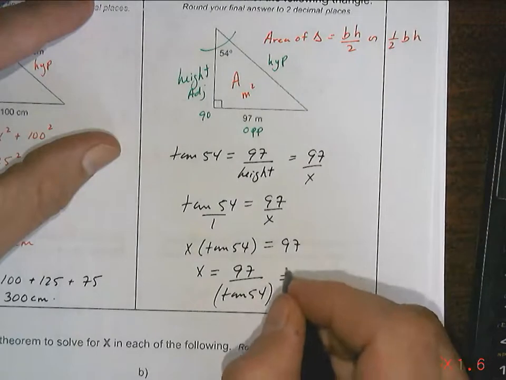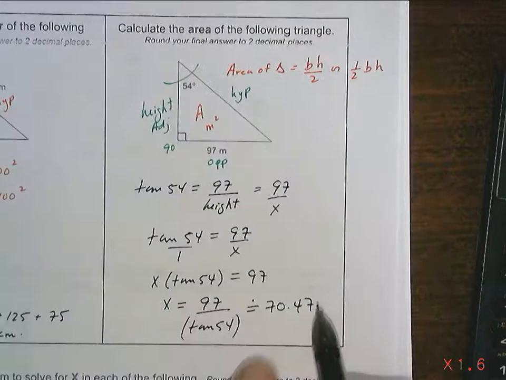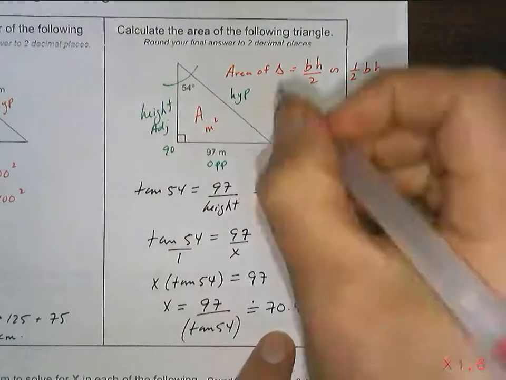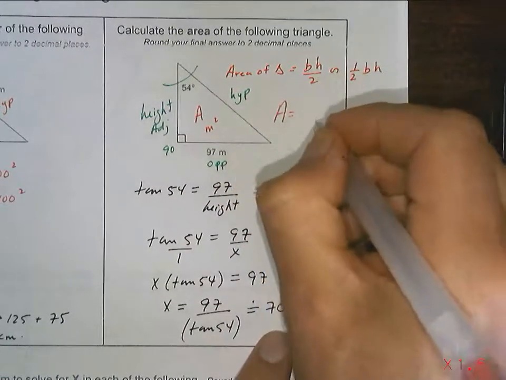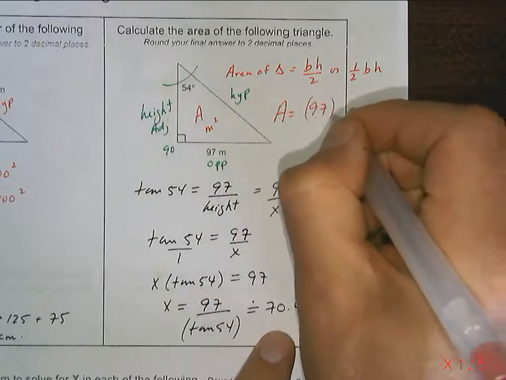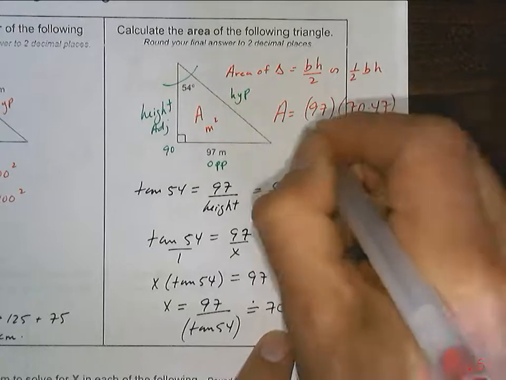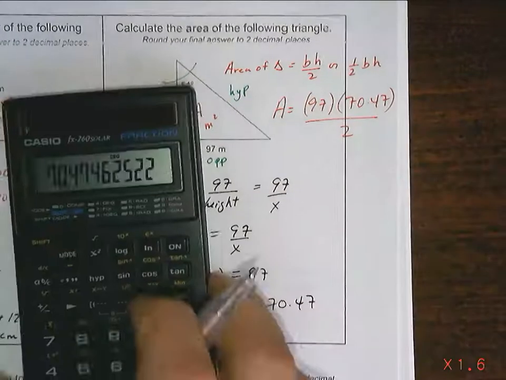So x is approximately equal to 70.47. Now, to finish the question, I have to find the area. So area equals base, which is 97, times height, which we figured out to be 70.47, all divided by 2.